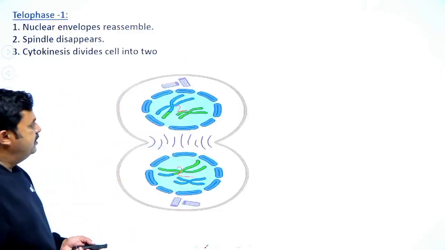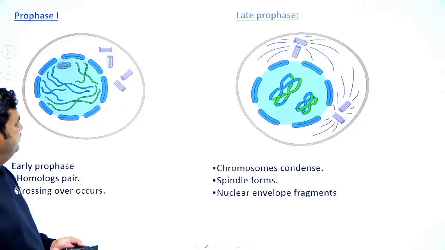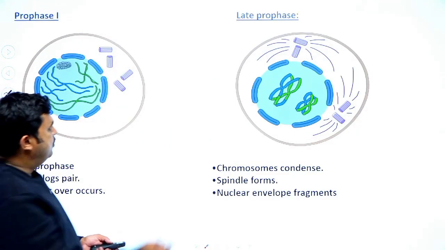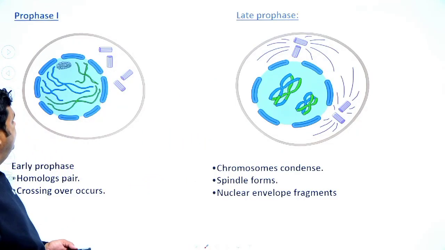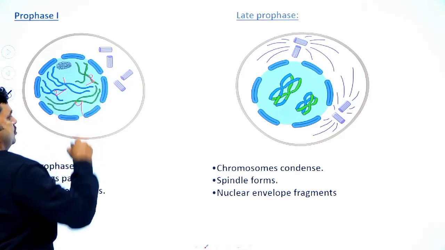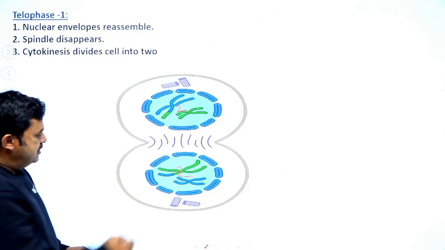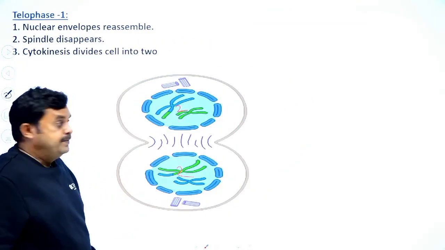At the beginning, how many chromosomes? 4 chromosomes. You see, 1, 2, 3, 4 chromosomes. At the end of meiosis 1, the two cells contain two chromosomes.